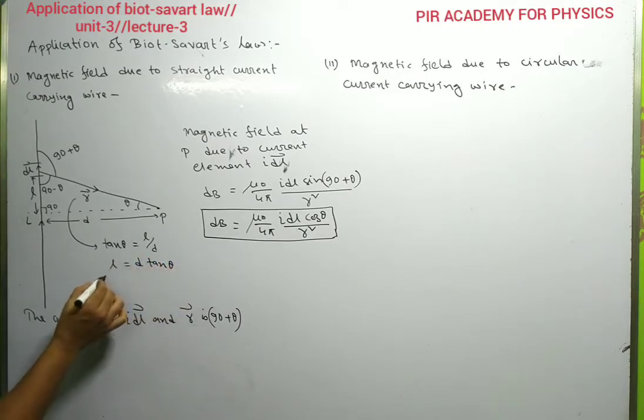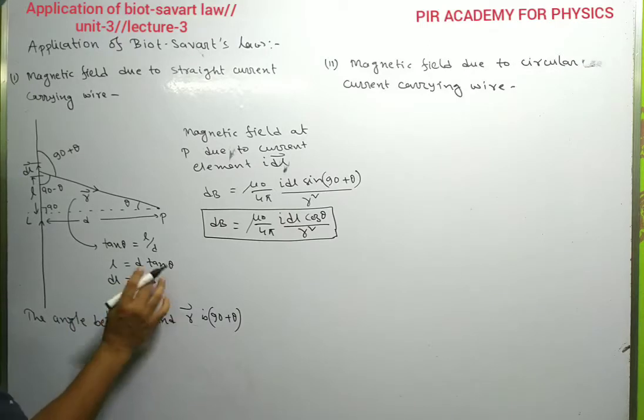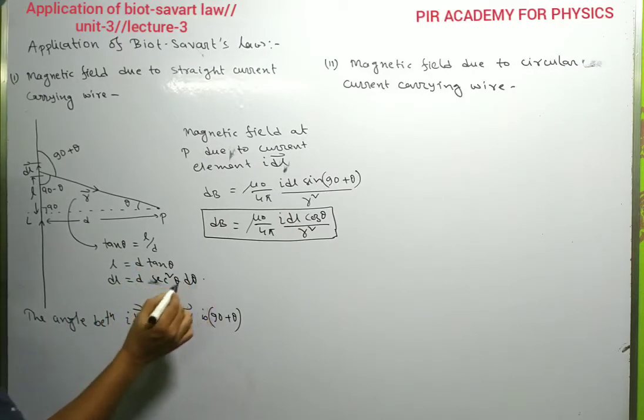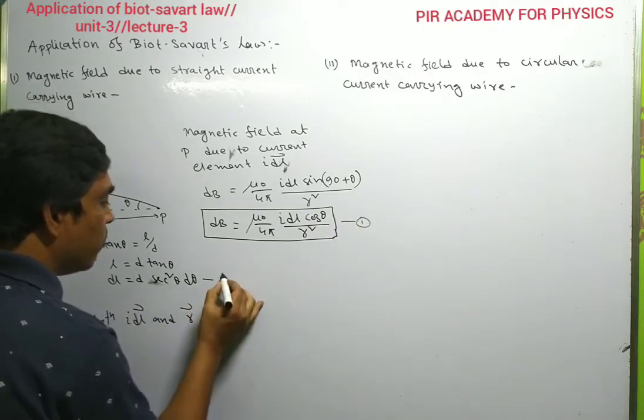If I take the derivative with respect to theta, then dl will be D sec square theta d theta. Suppose this is number 1, and this is number 2.